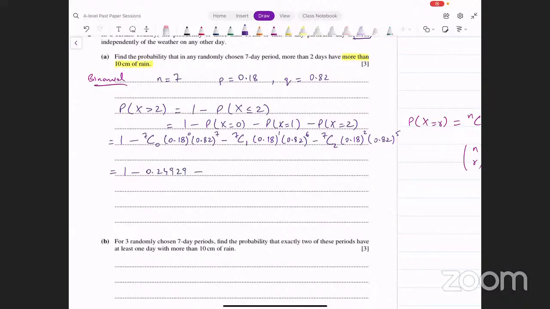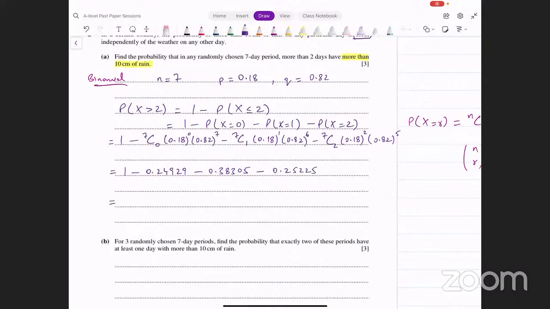Accuracy ज़्यादा रखनी है ताकि final answer accurate हो. 7C1 into 0.18 into 0.82 raised to power 6, and that gives me 0.38305, and subtract from that 7C2 into 0.18 raised to power 2 into 0.82 raised to power 5, and that gives me 0.25225.